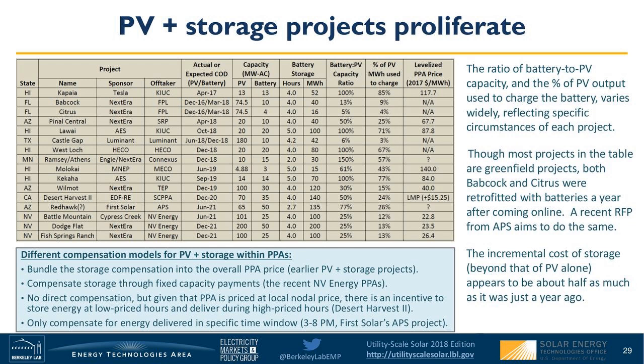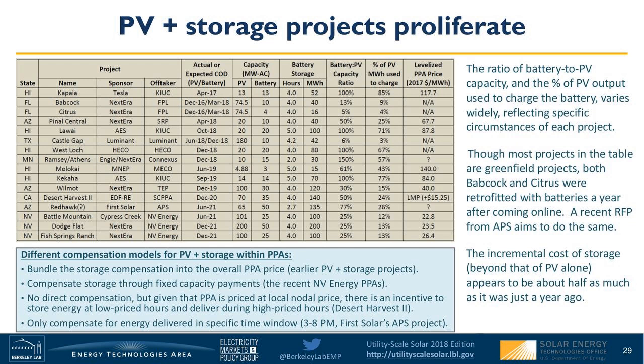First, the battery to PV capacity ratio varies quite a bit, from a low of just 5% all the way up to 150%. And in general, the ratio corresponds to the primary intended use of the battery.